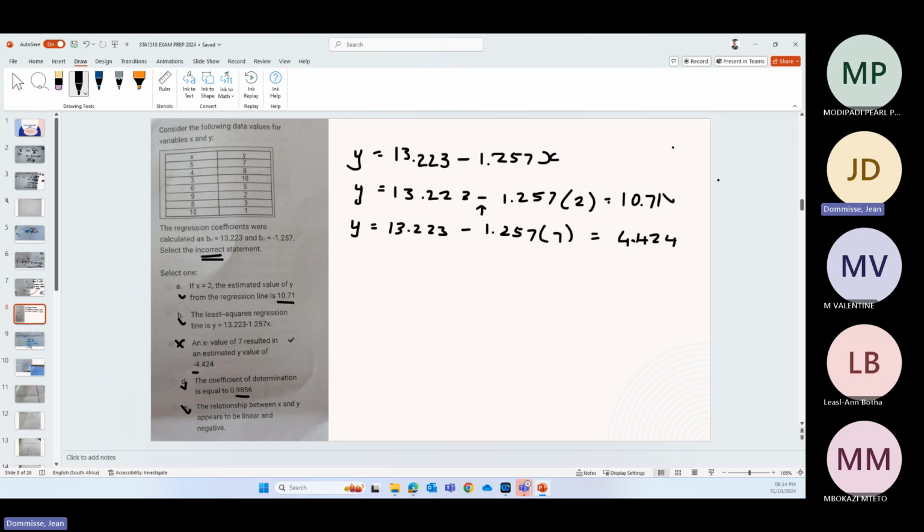If they wanted you to work out the coefficient of determination, they will probably include R in there as well, so that you can say determination is R square, and you can work out R square. They will not just give you that limited information and not have that for you.